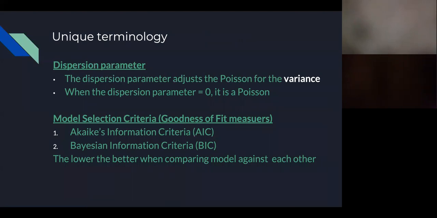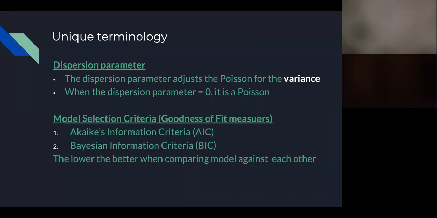Before we move into looking into how to model negative binomial in SPSS, we need to understand some important unique terminology. The key difference between a Poisson regression and a negative binomial regression is the dispersion parameter. The dispersion parameter adjusts the Poisson for the variance.